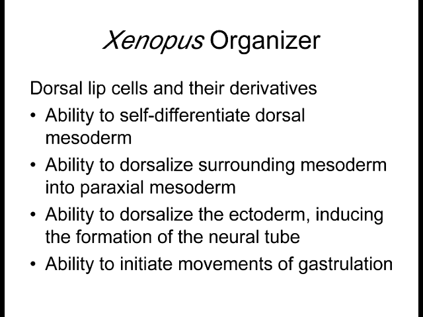They have the ability to dorsalize surrounding mesoderm as well as into paraxial mesoderm. So they release various paracrine signals to cause mesoderm to become dorsal. You'll find that these organizers are typically in the dorsal region. They are also necessary for the dorsalization of the ectoderm, and most key is their ability to initiate gastrulation.